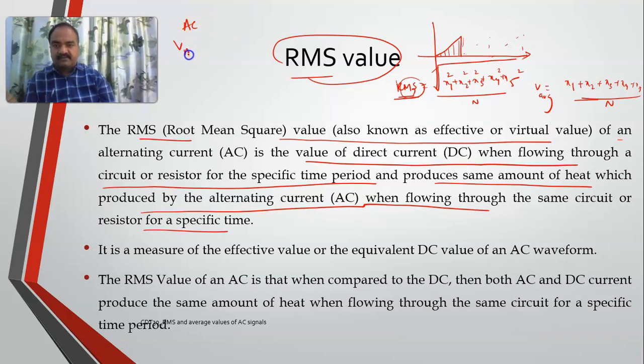Okay, which means that let us suppose an AC signal is there. What is the RMS value? How to determine the RMS value? It is the same as the DC signal of value X, which produces the same heat as this one. So the RMS value of the signal is equivalent to the DC value of the signal which produces the same amount of heat for a specific time period.